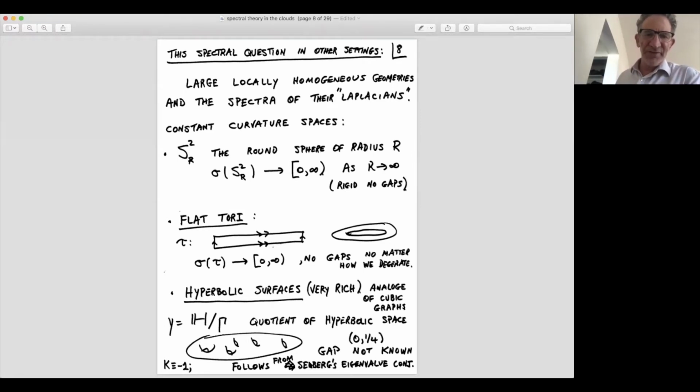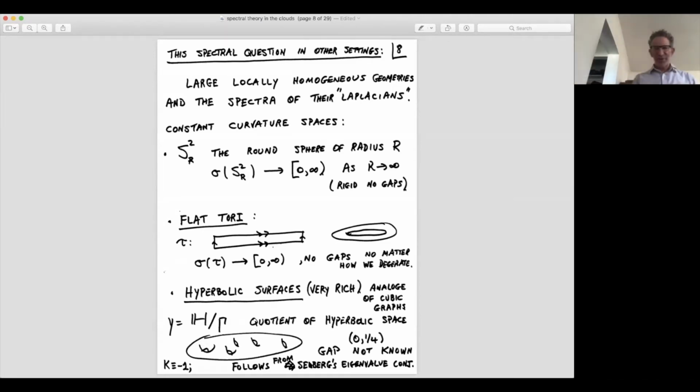For example, if you have a sphere, there's not much to say. You can just make the sphere get large and then the spectrum just becomes dense for the ordinary Laplacian. So no gaps form, very rigid. If you have flat tori, you can degenerate in the fundamental domain of the modular group, as you all know. But if you look at the spectrum, because it has to become short in one side, you again can't create gaps.